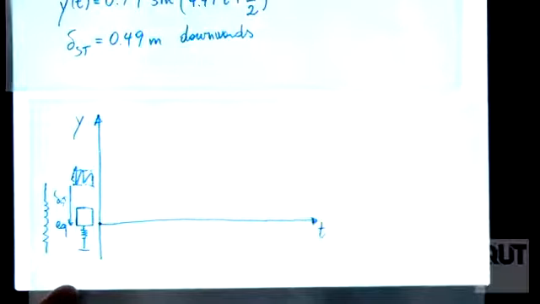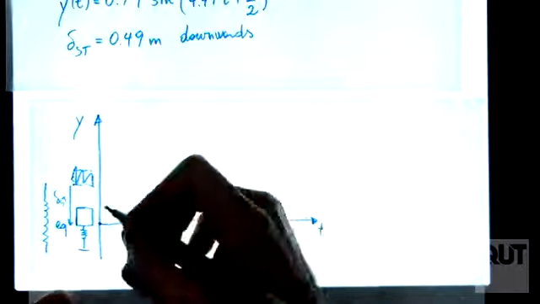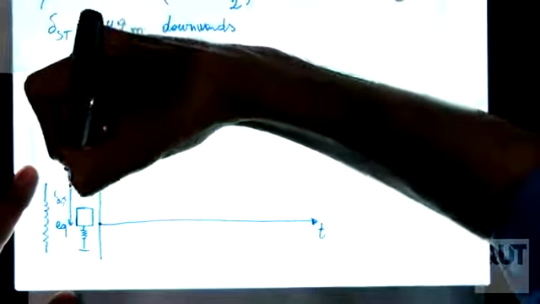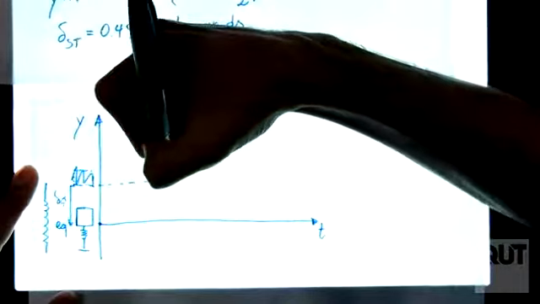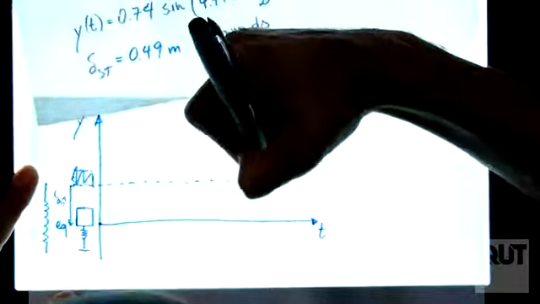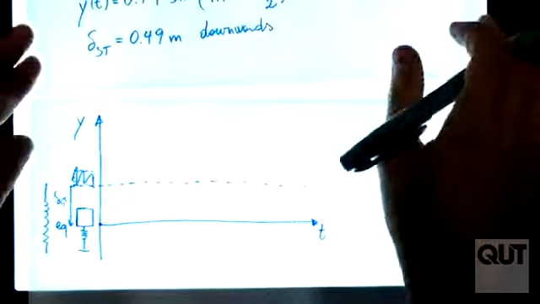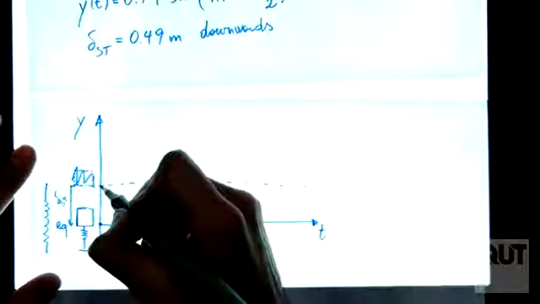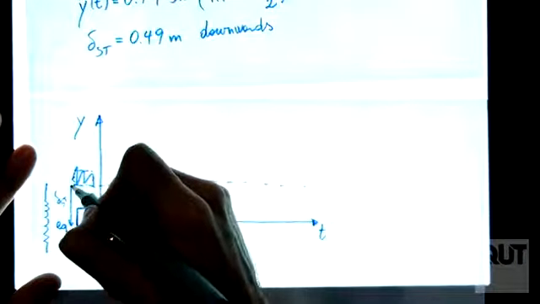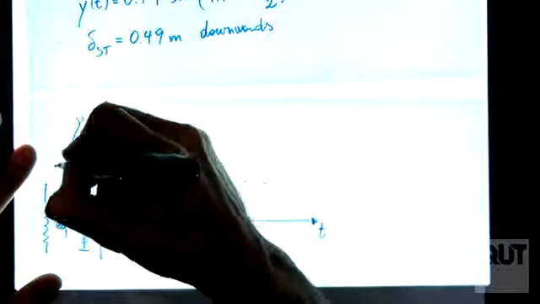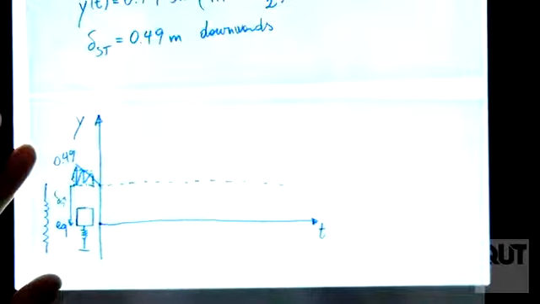Cool. So I can actually draw this. This was the free length position, but who cares? Not really important. And this is equal to delta static, 0.49 meters.